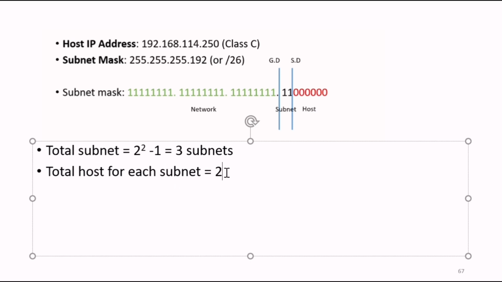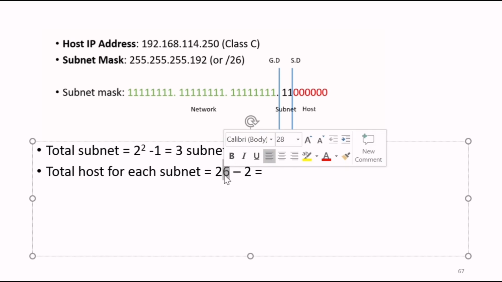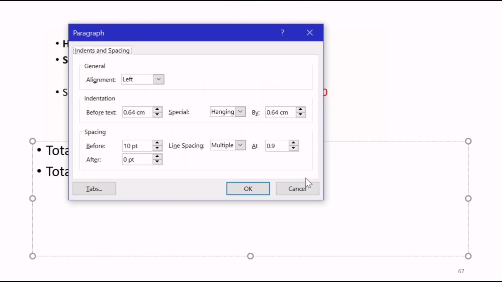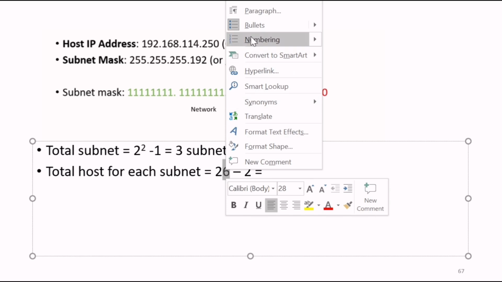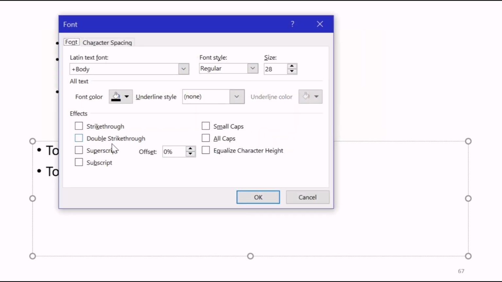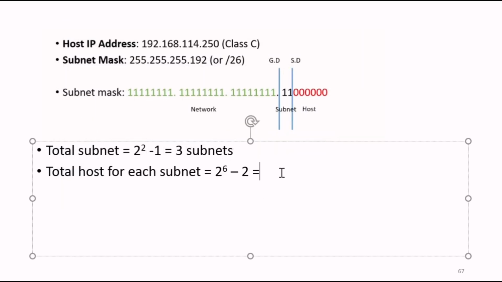So here 2 power of 6 minus 2, for the network address and the broadcast address, so we need to subtract them. 64 minus 2 should be 62 hosts.